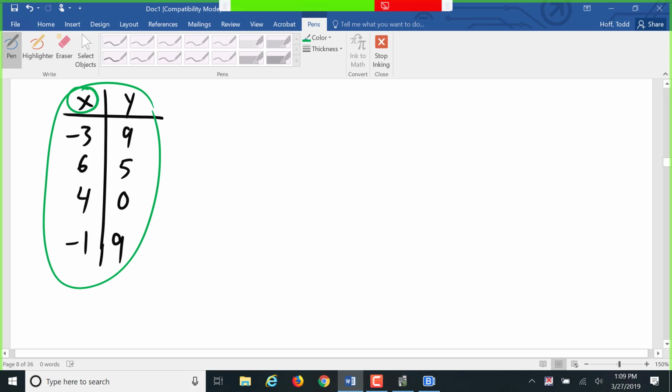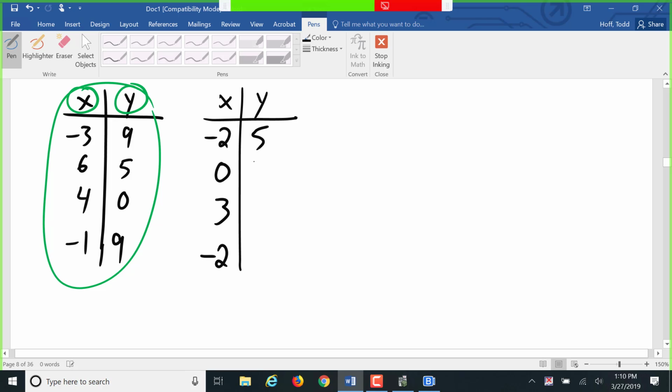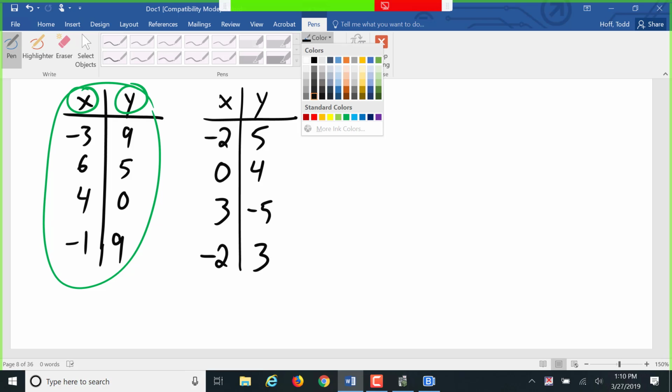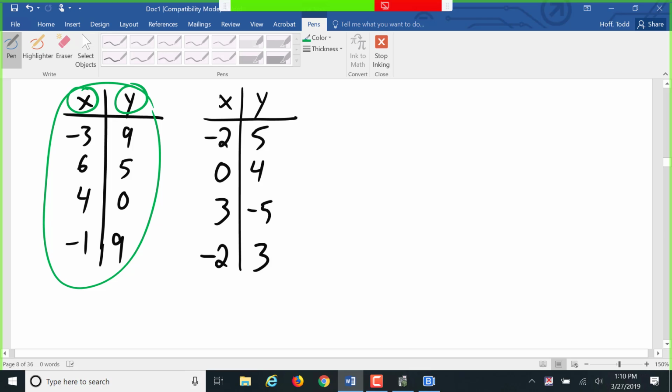Every value in the domain, every x value, goes to exactly one y value. Is this a function? No, why not? Yeah, negative 2 becomes 5. Negative 2 also becomes 3. So that is not a function.